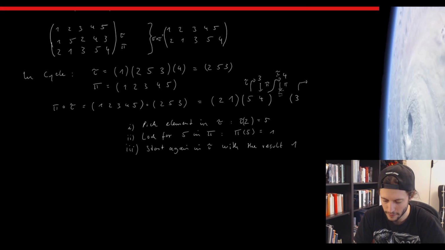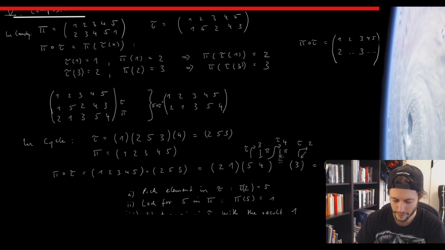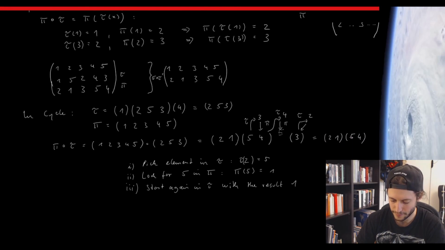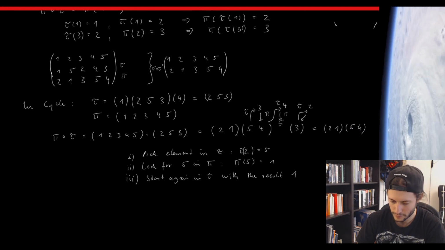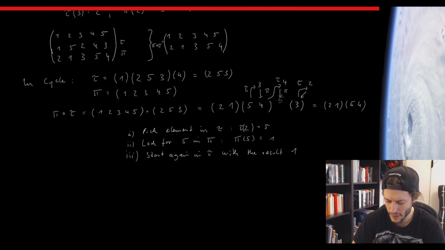The 3 gets mapped to the 2 in tau, and the 2 gets mapped to the 3, and so this is 2, 1, 5, 4. Yeah, that's composing permutations in the different notations.